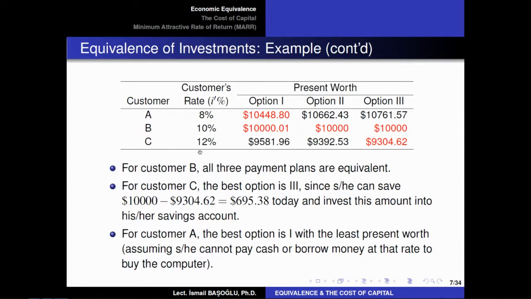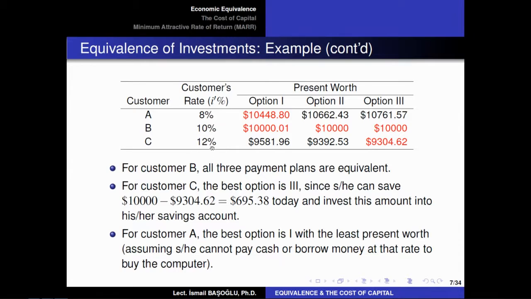So what would you do? You would pay as late as possible, right? Because the interest rate that is applied to you by the supplier is less than the interest rate that you are going to get from the bank. So if you have $10,000 right now, you would definitely invest this $10,000 into the savings account, and you would gain a 12% interest each following year.